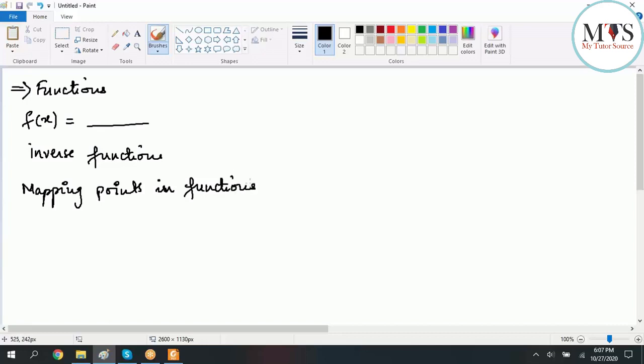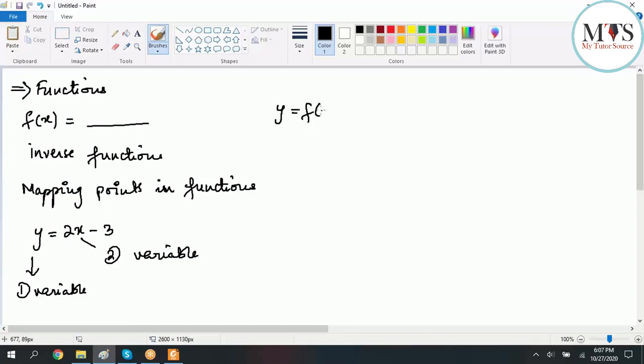Now, let's say I write this equation, y equals 2x minus 3. In this equation, we have one variable, which is y, and the second variable, which is x. Now, y is said to be the same as f(x).